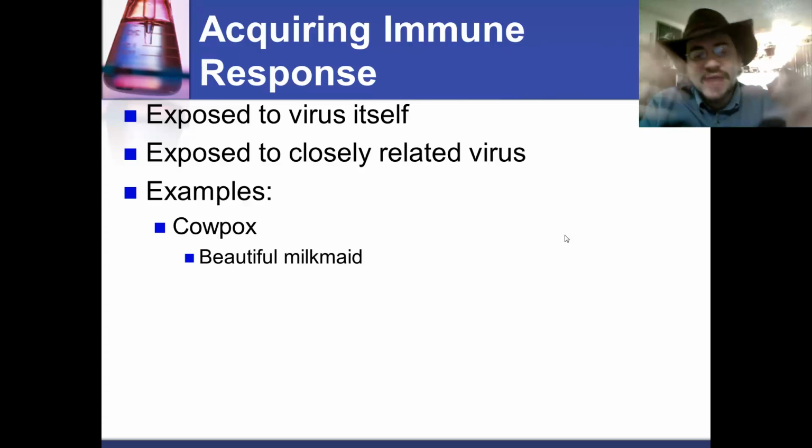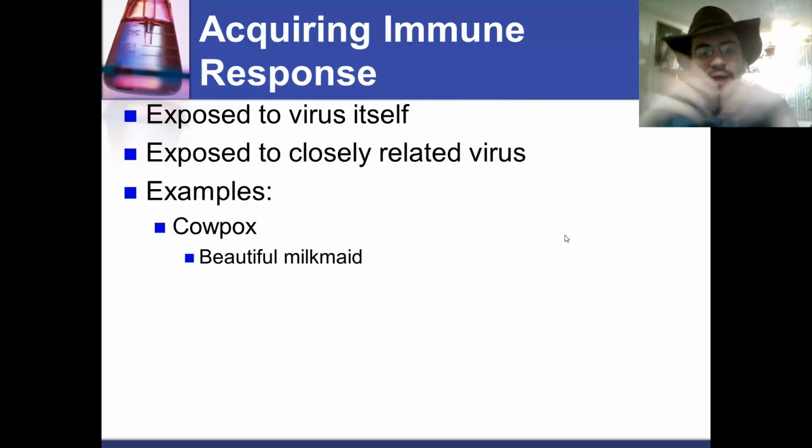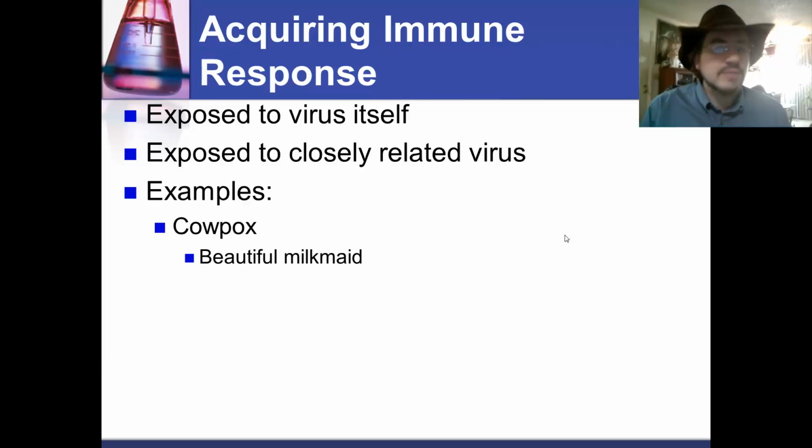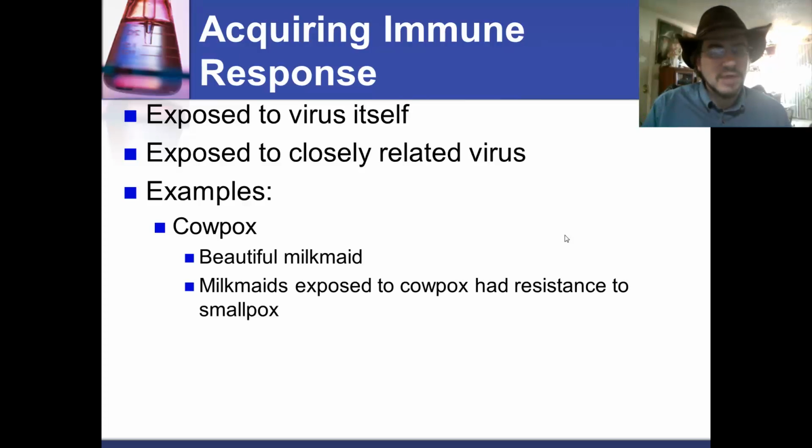And in the course of that, they were often exposed to cowpox. And they were some of the only people exposed to cowpox. And so they had a natural resistance to smallpox. Smallpox causes disfiguring pustules on you and leaves ugly scars behind. And so these milkmaids who were resistant remained beautiful. And so that's why you see it in some European fairy tales. The beautiful milkmaid. She had resistance to smallpox due to being exposed to cowpox. Neat.